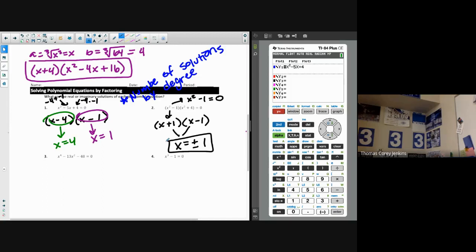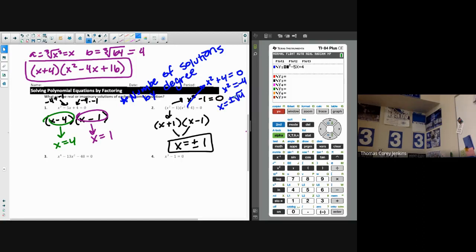And then this other factor, x squared plus 4. Again, think about the 0 product property there. If I tried to solve the equation x squared plus 4 equals 0, that's not a difference of squares. That's a sum of squares. So when I go to solve this using square roots, I would get x squared equals -4, and so x equals plus or minus the square root of -4.